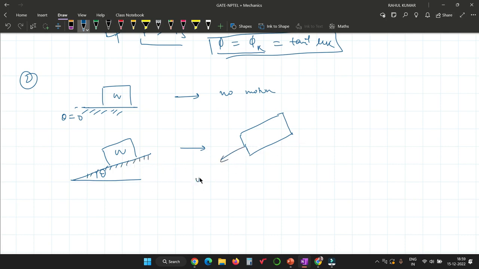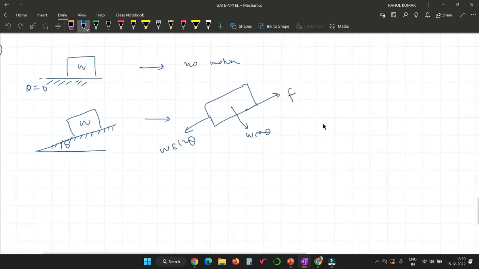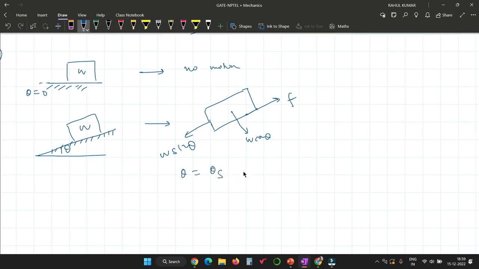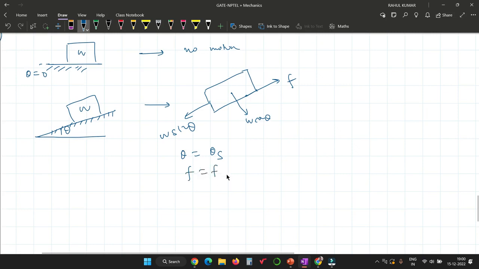So here that will be W sin theta, and that is W cos theta, and suppose the amount of friction is F. So if you are increasing theta up to some limit such that F becomes Fs, then what will happen? Mu s N, and here N equals what?